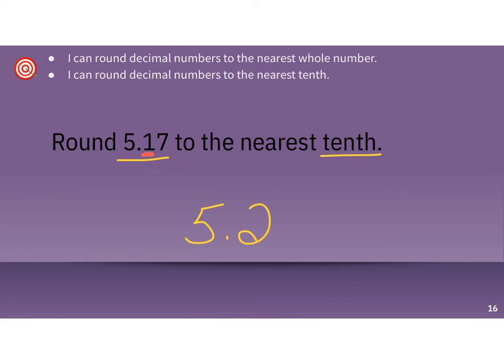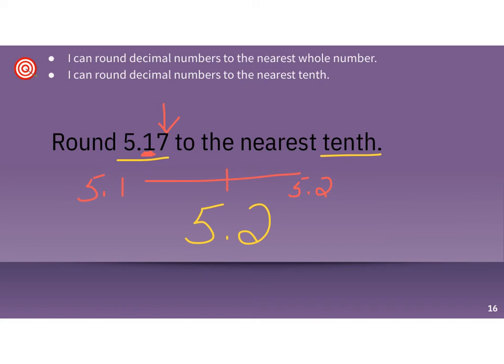That's because the 1 is in the tenths place. I'm looking one place to the right. Is it 5 or higher, 4 or lower? I can also ask myself, what two numbers is this between on the number line? It's between 5 and 1/10 and 5 and 2/10.